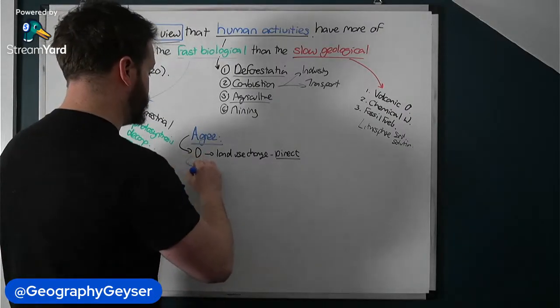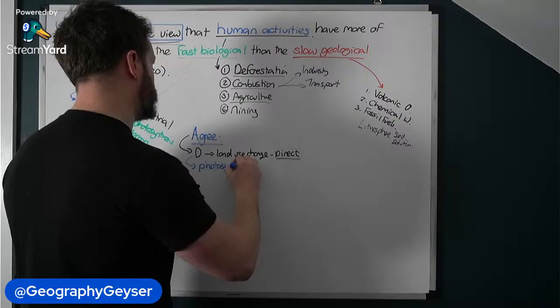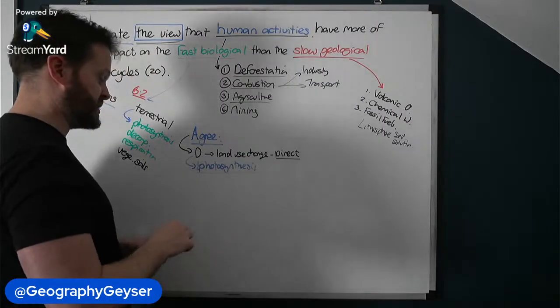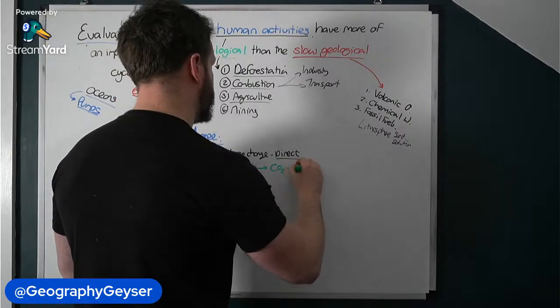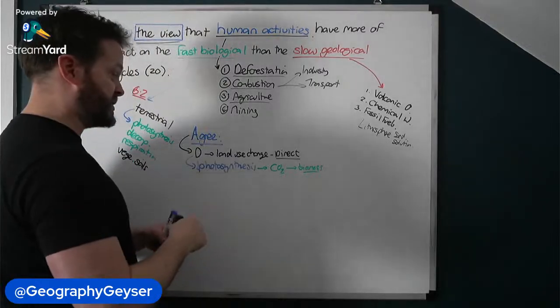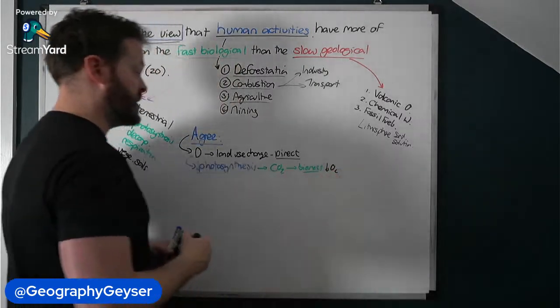And what you want to do is link that to, well, the first thing that we've got is without the trees, we know that there's going to be decreased photosynthesis. And what that means is that there's then less carbon dioxide fixing into biomass, and then there may even as well be decreased oxygen created.